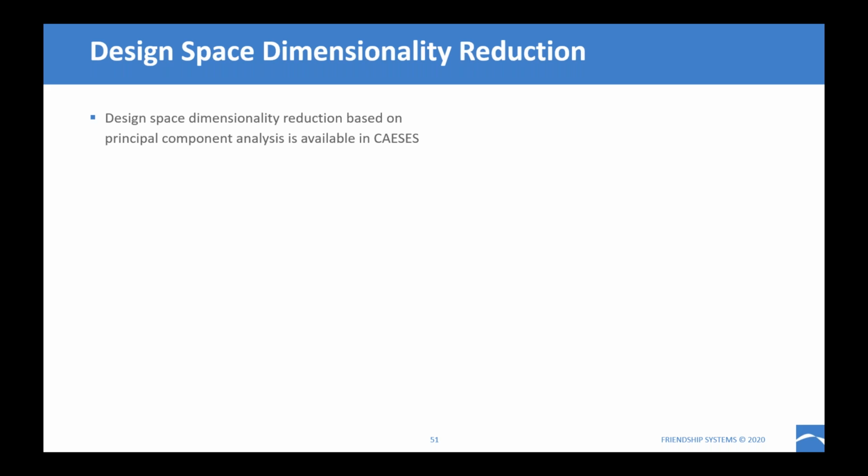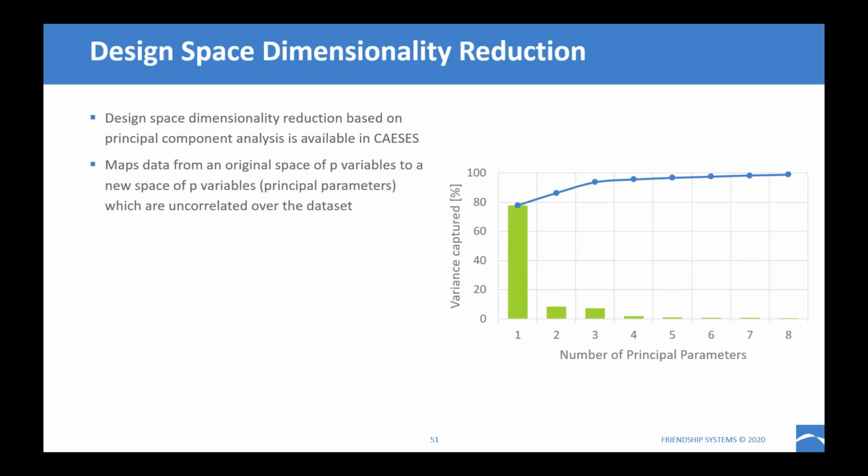And what we use for that is a design space dimensionality reduction approach based on principal component analysis. So basically, we map our geometry data from the original space of a certain number of variables, here p variables, to a new space of p variables that we call principal parameters that are uncorrelated over the data set.